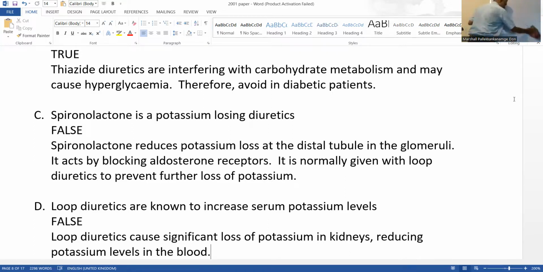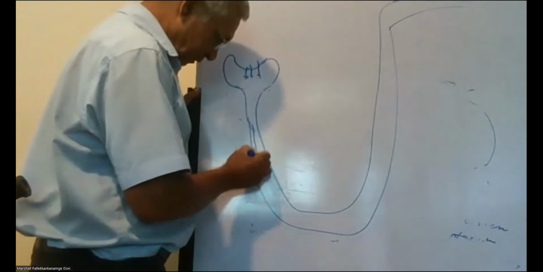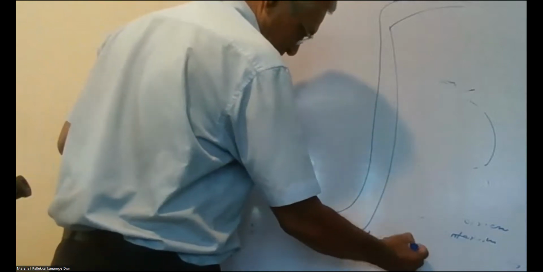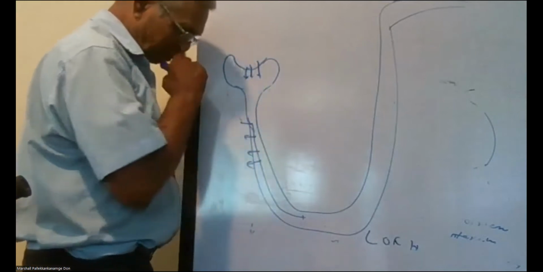Normally, when urine is filtered, this is the loop of Henle. The reabsorption occurs continuously.